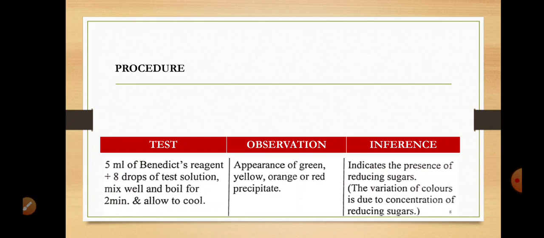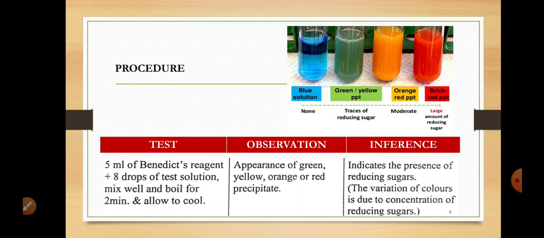Then we look for production of color in that test tube. There may be formation of a green, yellow, or orange color or a red precipitate, based on the concentration of the reducing sugar present. What inference can we get? It indicates the presence of reducing sugars.